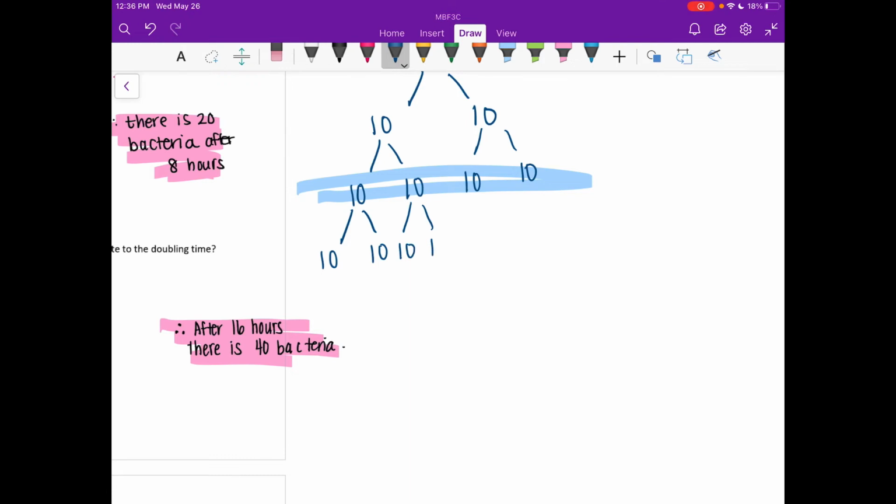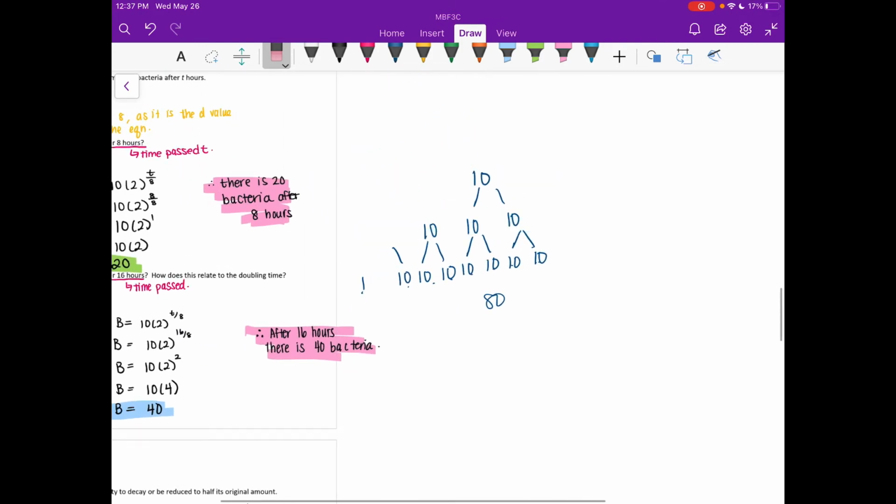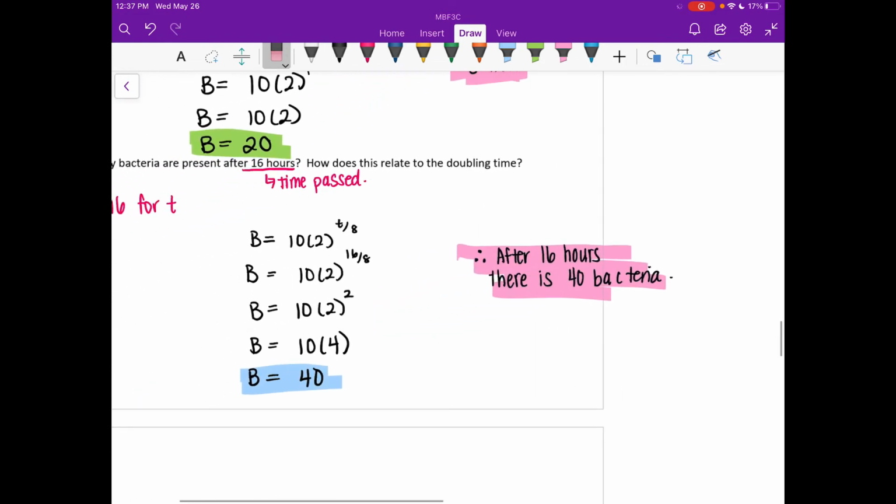So after our third round, after 8 plus 8 plus 8, which is 24 hours, we'll have 80 of them, and so on and so forth. That's how that would work. But that's if it asks you how does that happen, this is the reason why.